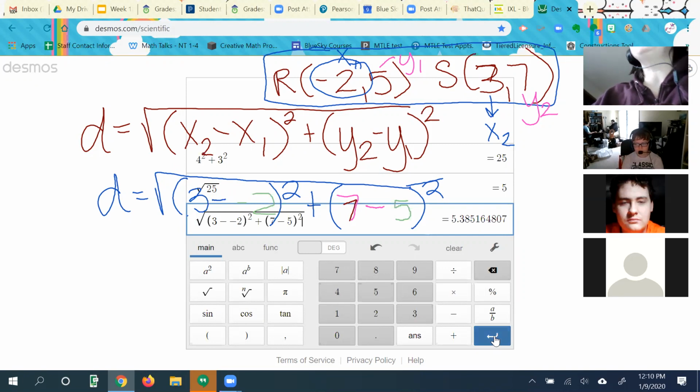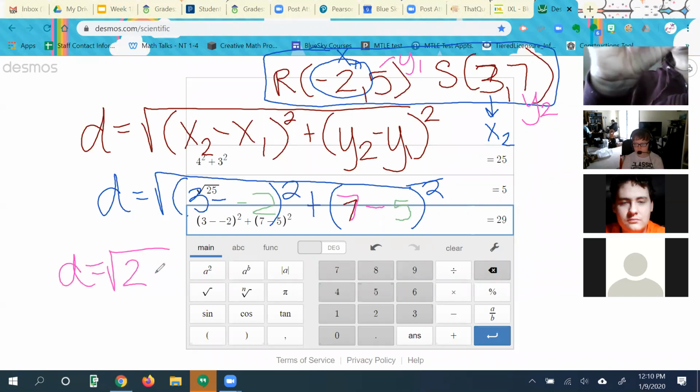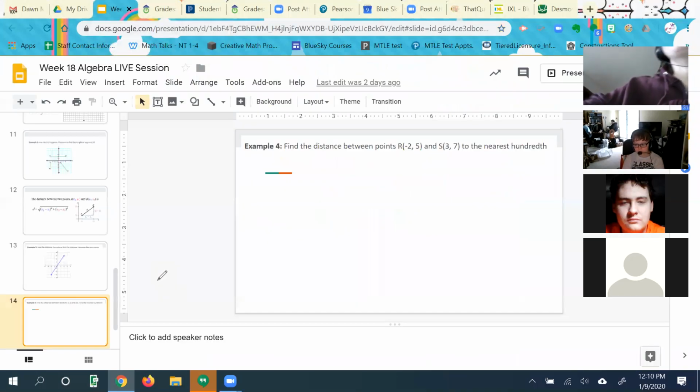And you do get a decimal, and it's 5.4. And if Desmos does not want the decimal, sometimes they'll say simplest radical form, then get rid of that square root. You see how all that stuff under the square root equals 29, then you would just leave your answer as the square root of 29. So, Desmos it up, my friends. Desmos is where it's at.